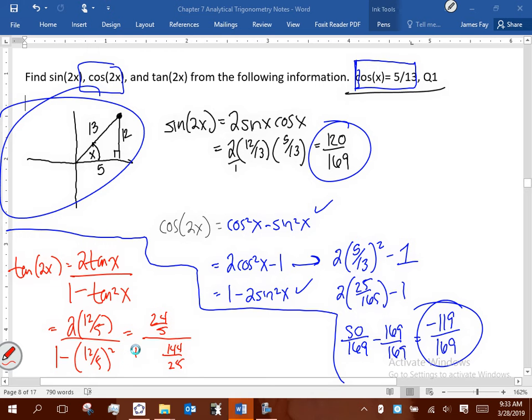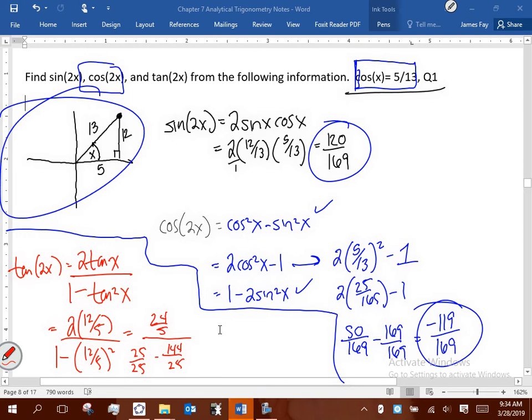And this is going to be 25 over 25. Oh, sorry. That's dumb. We did a different problem last class, and I was repeating that for some reason. So excuse me.